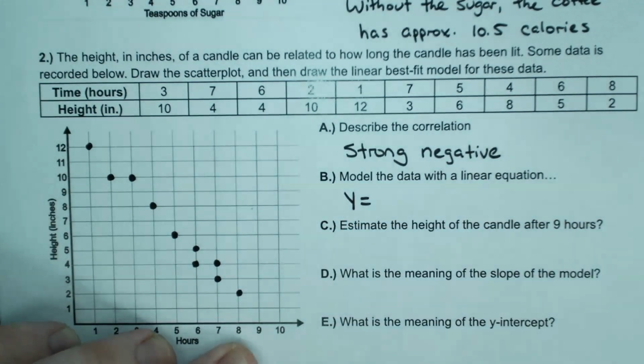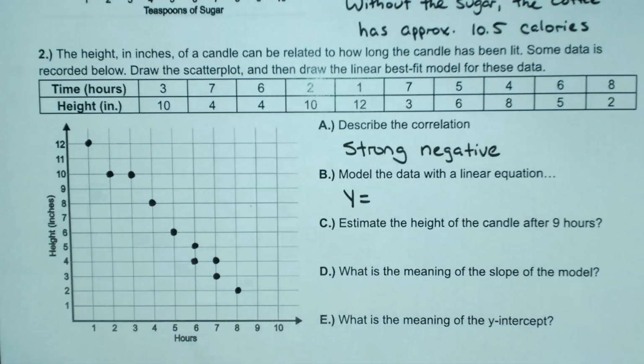And don't be surprised if your slope is negative. I mean, we already said that there's a negative correlation here. So that first number is probably going to be negative.